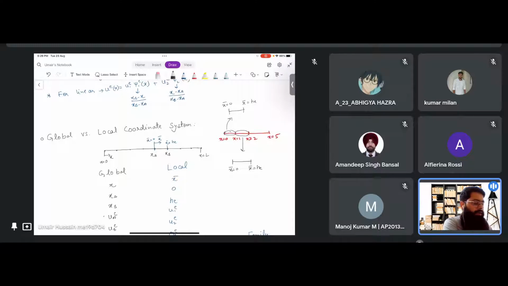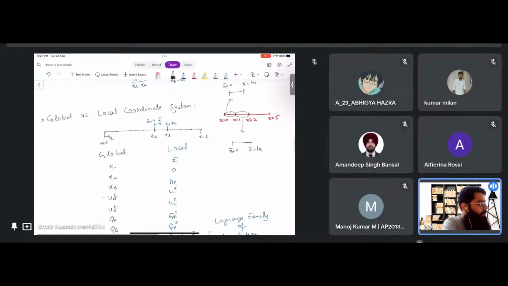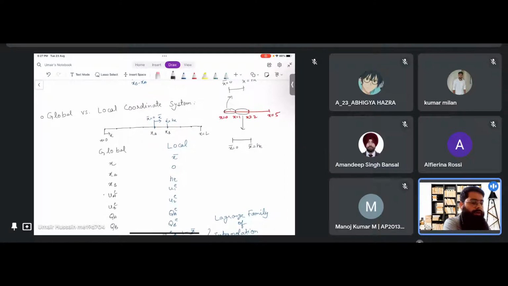Of course, we can later do the transformation. There are certain ways with which we can transform the local coordinate system to the global system. That final transformation can be done when combining all these equations. But on an individual level, this same process can be repeated for each element.